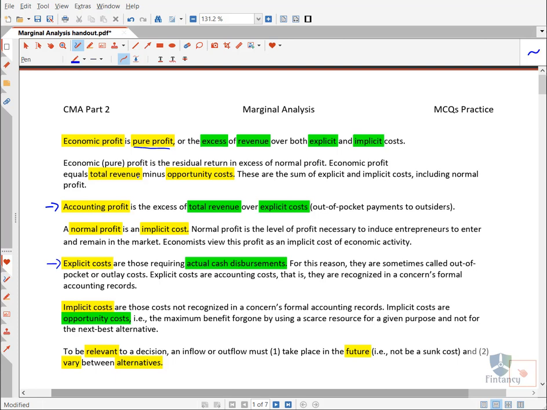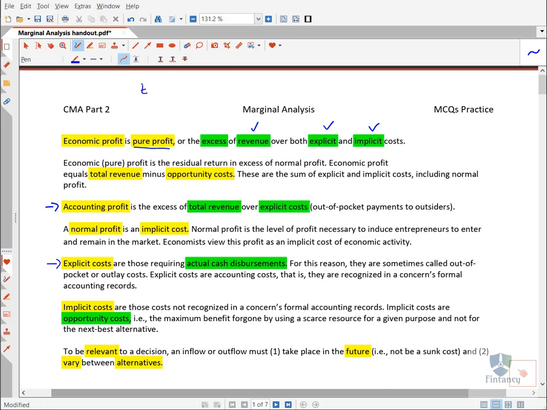Now when you deduct the implicit cost also from the accounting profit, you get economic profit. Getting it? So basically economic profit is what? It is revenue minus explicit minus implicit. I hope you got the point, right?